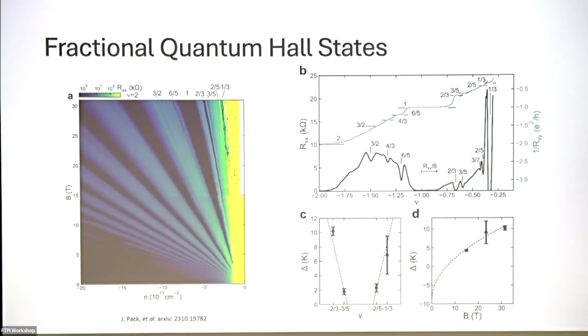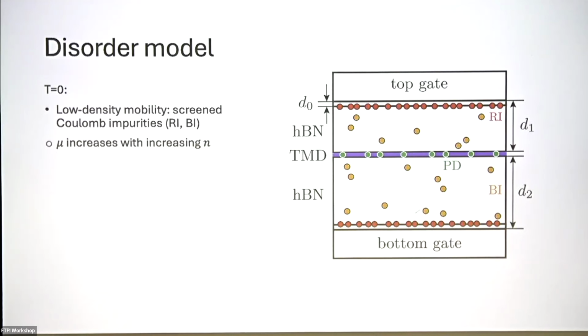So I will come to the disorder model for this kind of system. In experiment, this system is encapsulated by two dielectric media, which are usually hBN. There are some background charged impurities inside the hBN, and there are vacancy defects in the TMD materials, as well as a small amount of charged impurity defects.